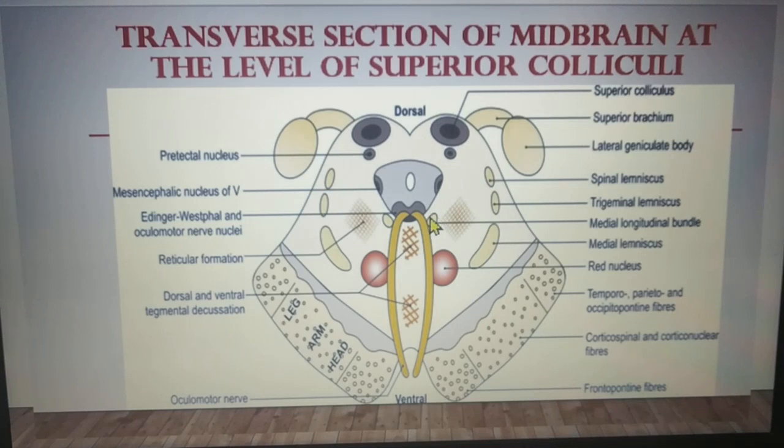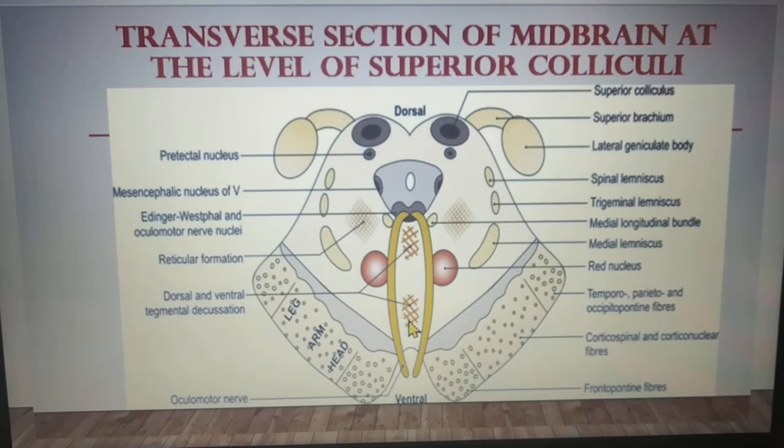And a very important one, the medial longitudinal bundle, which was medially placed at the level of the inferior colliculus, is near the oculomotor nerve nucleus in this region. Medial to it pass the oculomotor nerve fibers. Next come the dorsal and the ventral tegmental decussations.